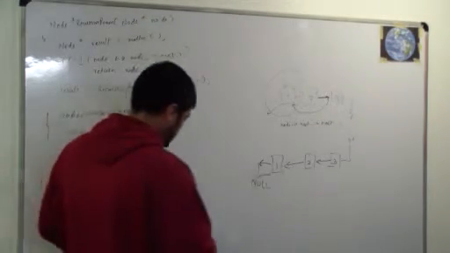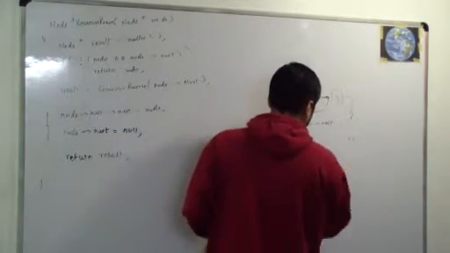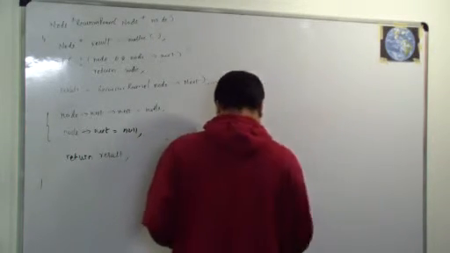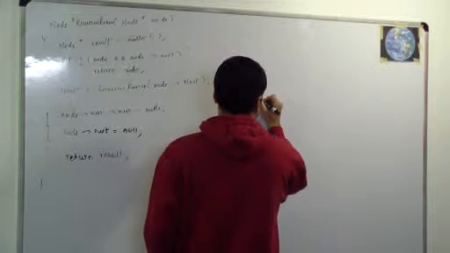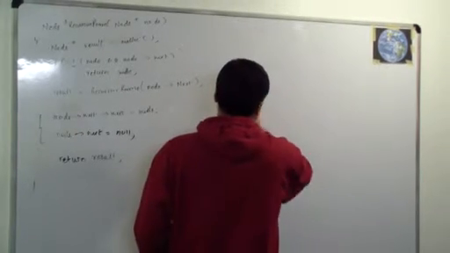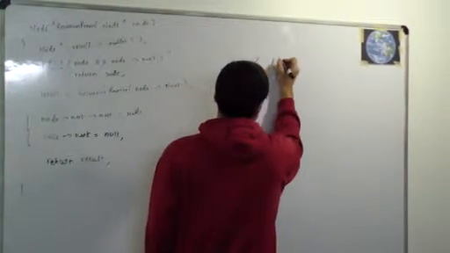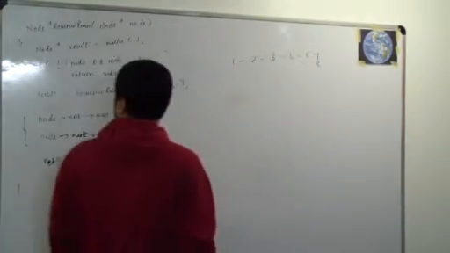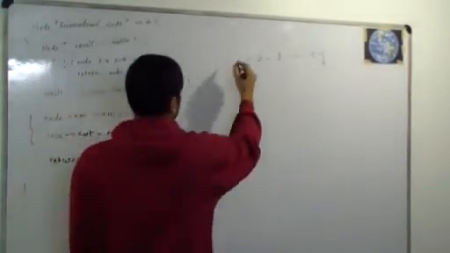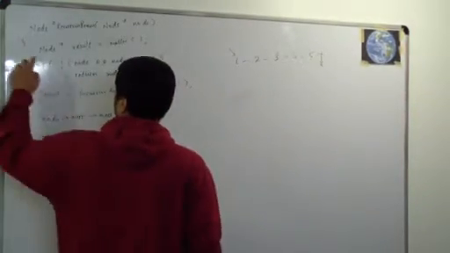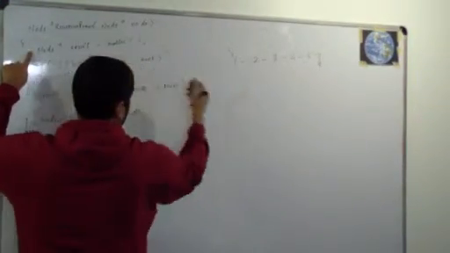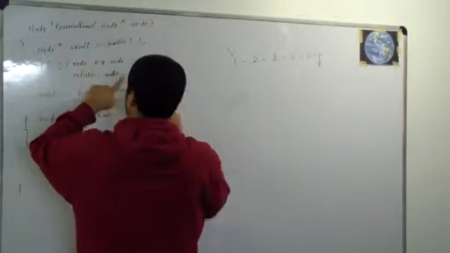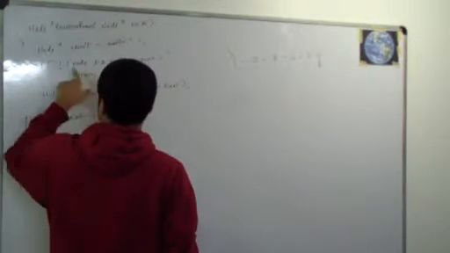Let's start with 1. So you have a new node result. Node and node next are both present.